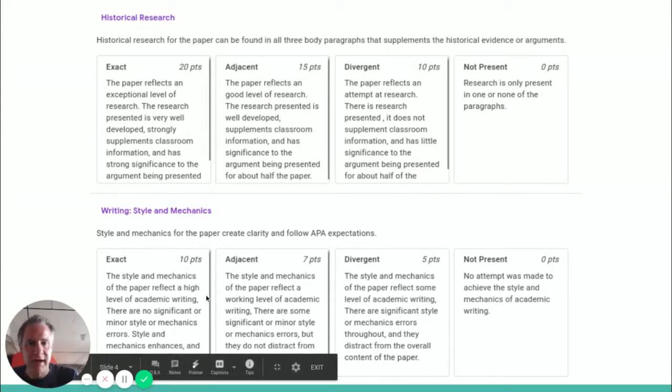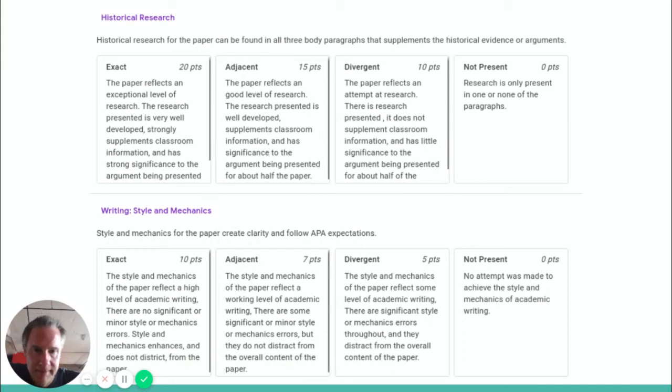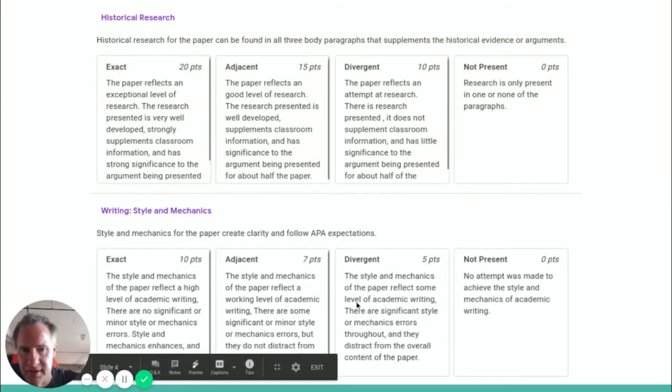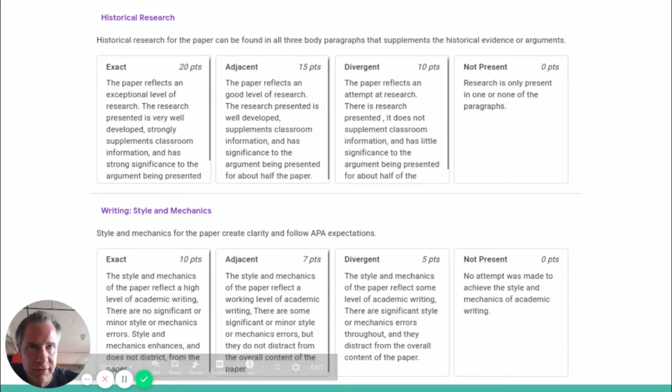It's going to follow me around. If you have major errors with spelling and punctuation, tone shift, remember this is past tense, right, and past tense, then you're going to fall in the divergent category. And if it's just horrible and it looks like you wrote it at 3 a.m. and didn't do any proofing on it, you're going to get 0 points for that.